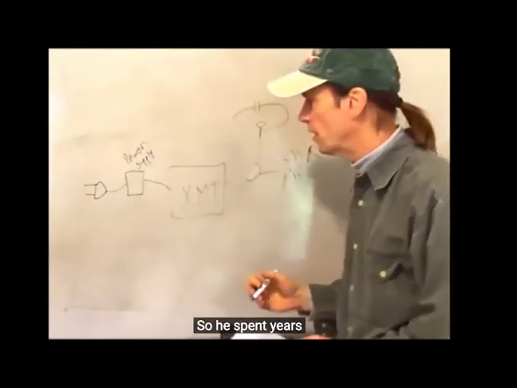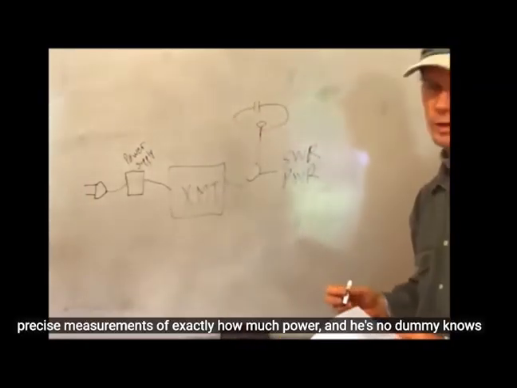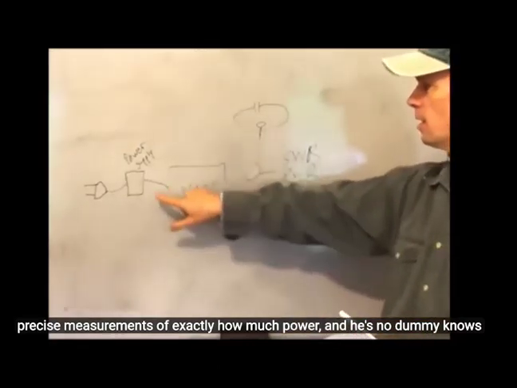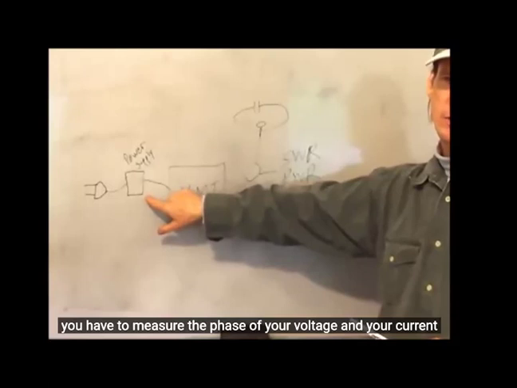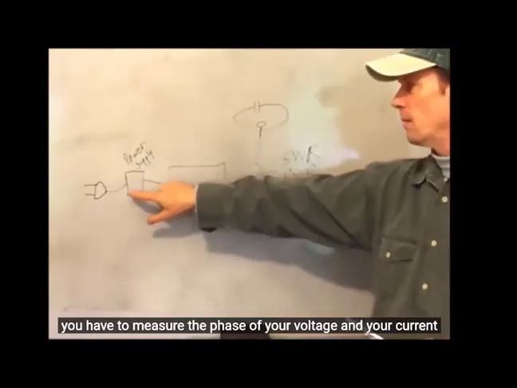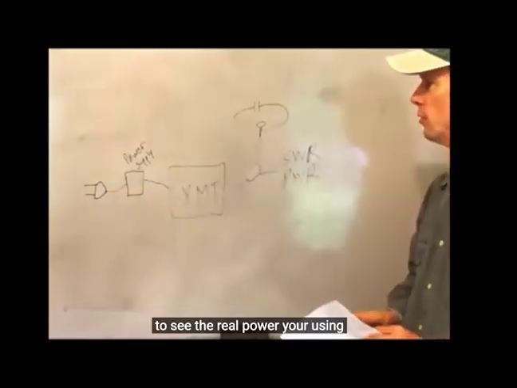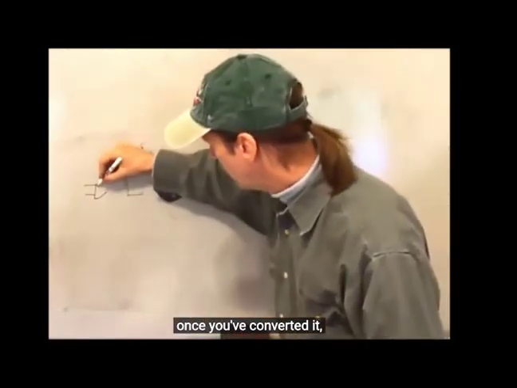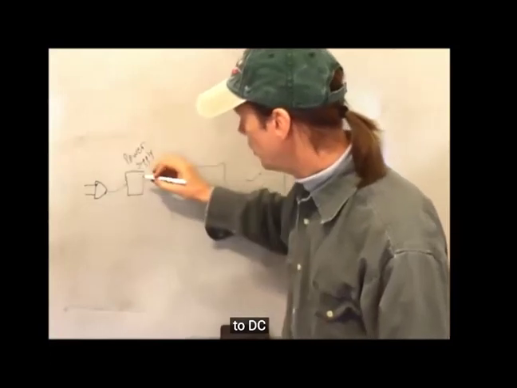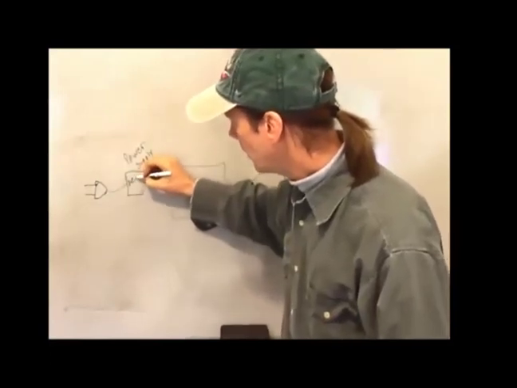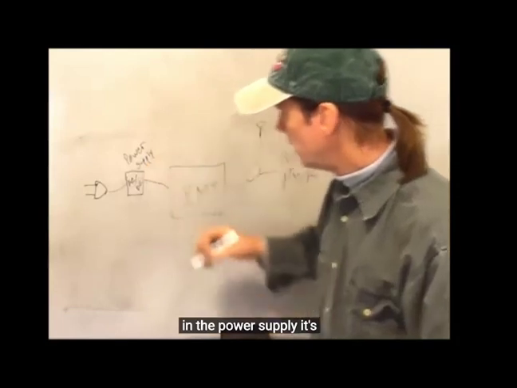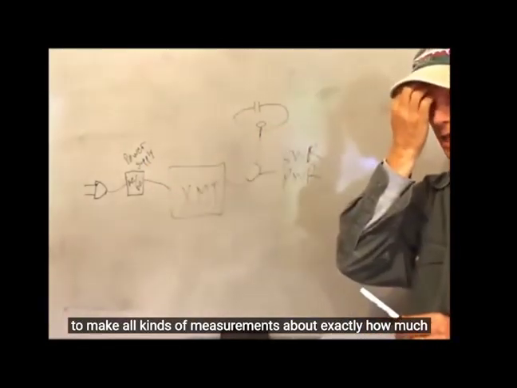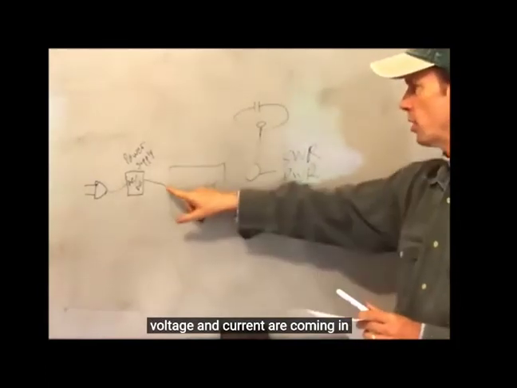So he spent years making precise measurements of exactly how much power, and he's no dummy, he knows you have to measure the phase of your voltage and your current coming in to see the real power you're using. Once you've converted it to DC through a power supply, it's a little bit easier to make all kinds of measurements about exactly how much voltage and current you're coming in with.